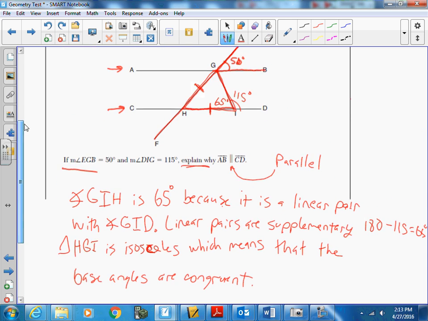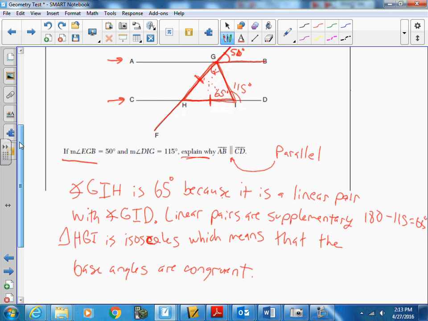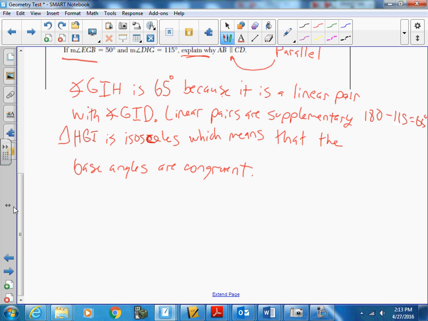And what are our base angles? Well, remember, it's always the sides, whatever sides are congruent, the opposite angles are congruent. So we know this side, the opposite angle is this one, then this side, the opposite angle is going to be this one. So we know that angle HGI is also 65 degrees.